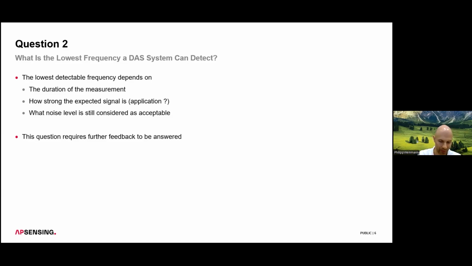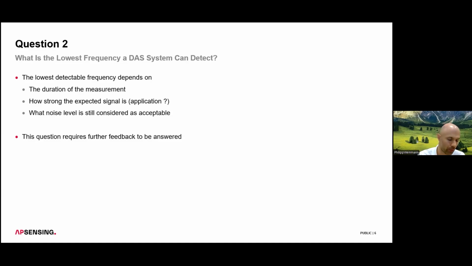That's point one. Point two is, what is actually your application? What is the signal you are looking for? Are you looking for a very strong signal? Are you looking for a very weak signal? That's important because typically for a DAS system, the noise increases for lower frequencies.